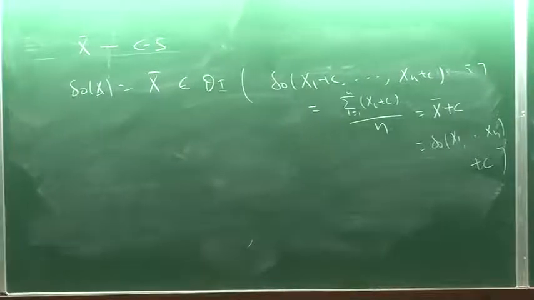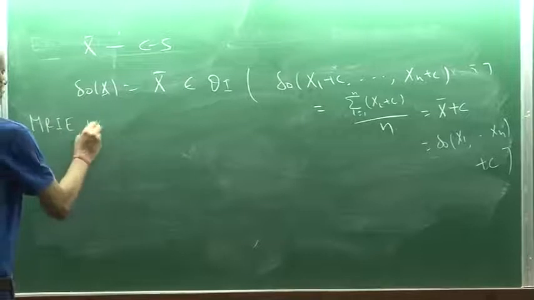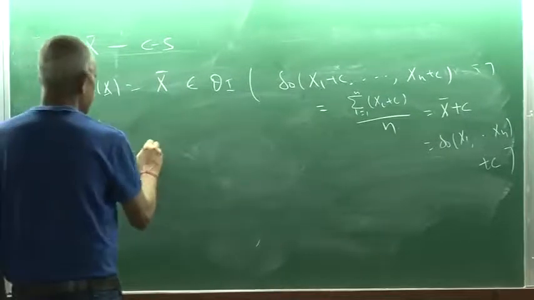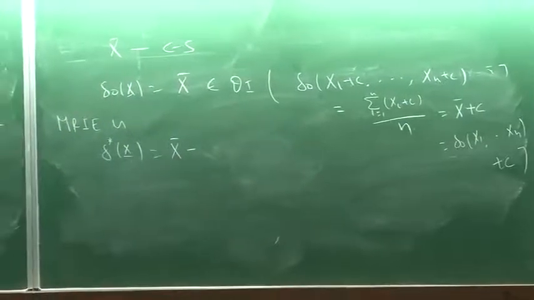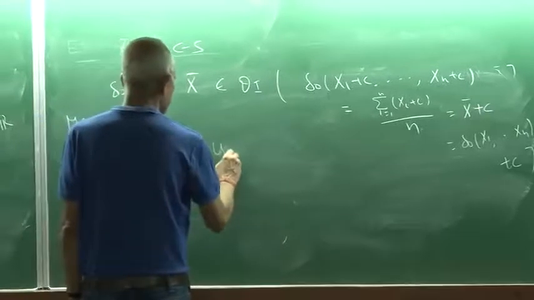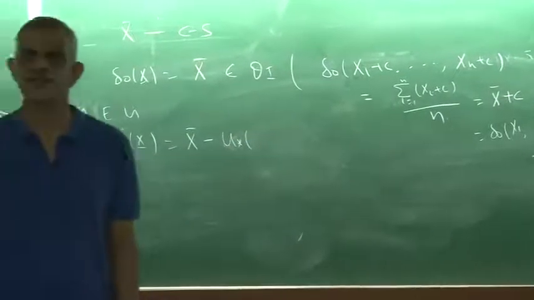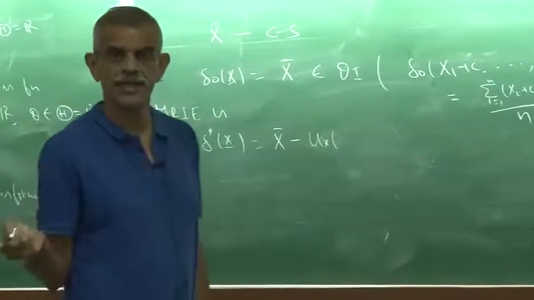So what is MRIE? It is delta naught, X bar minus u star. Here I need not put d because my delta naught would be independent of d.